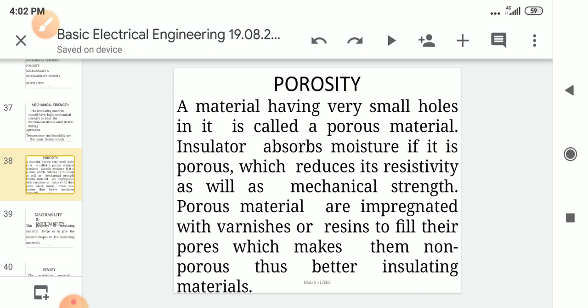This is used to prevent the absorption of moisture. Otherwise, if it absorbs moisture, then the insulation resistance will decrease, and at the same time, due to these holes, if the gaps increase, then mechanical strength also decreases. That's why we have to take care of porosity by applying coatings or varnishes or resins to fill their pores, right?